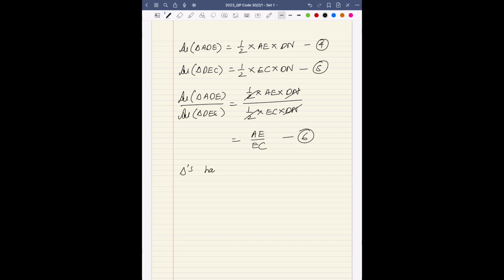Triangles have the same area if they share the same base and are contained between the same parallel lines.